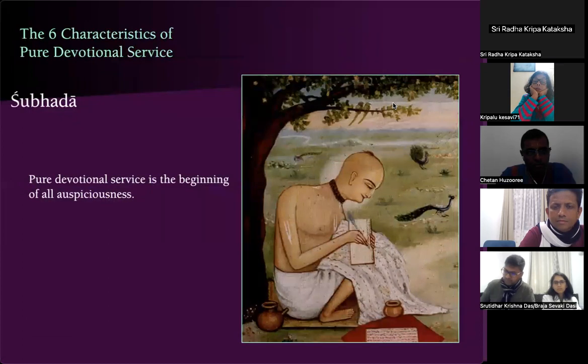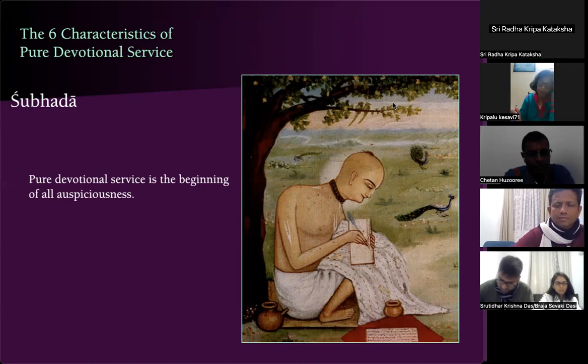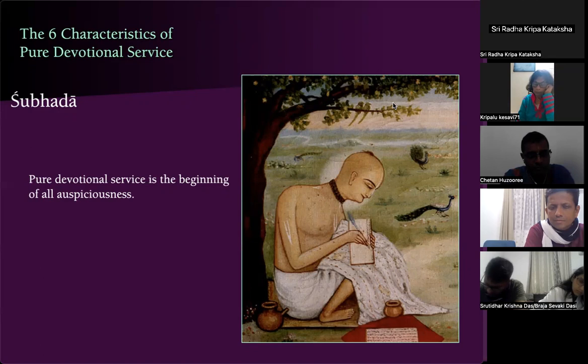Second is Shubhada. Shubhada means pure devotional service gives all auspiciousness. In the Siksha-ashtakam, first verse, Sri Chaitanya Mahaprabhu says, ceto-darpana-marjanam bhava-maha-davagni-nirvapanam shreya-kairava-chandrika-vitaranam. Krishna consciousness extinguishes the fire of material existence, that is sure. But after a fire is extinguished, have you seen how the place looks?